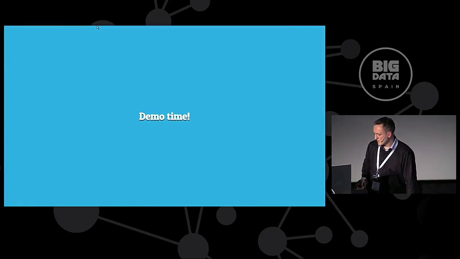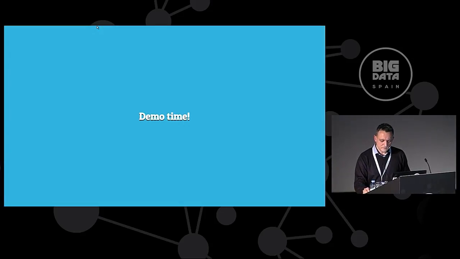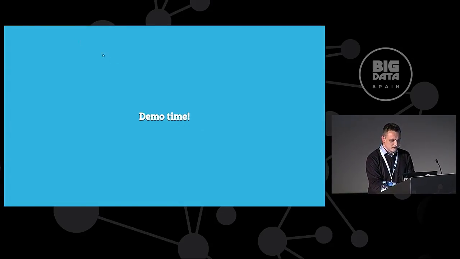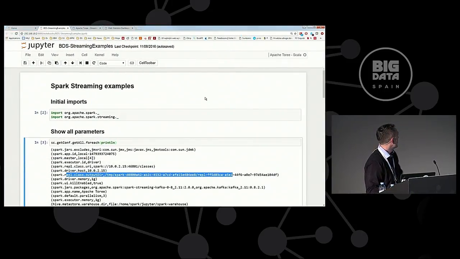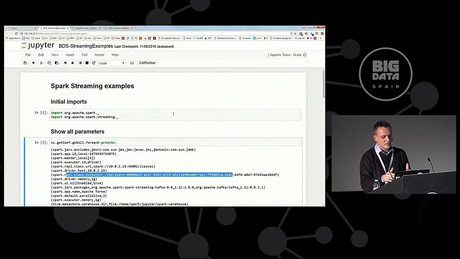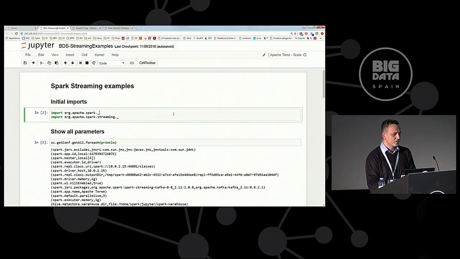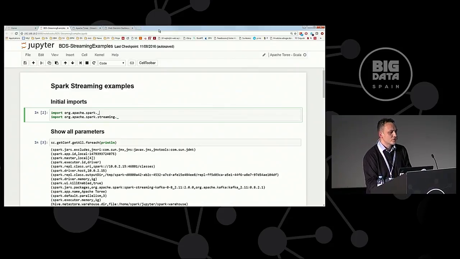So here's a demo. Okay, you can see it. This is a Jupyter notebook running on a virtual machine on my laptop, and I'm using a Spark kernel, which runs a Spark local cluster in the background.